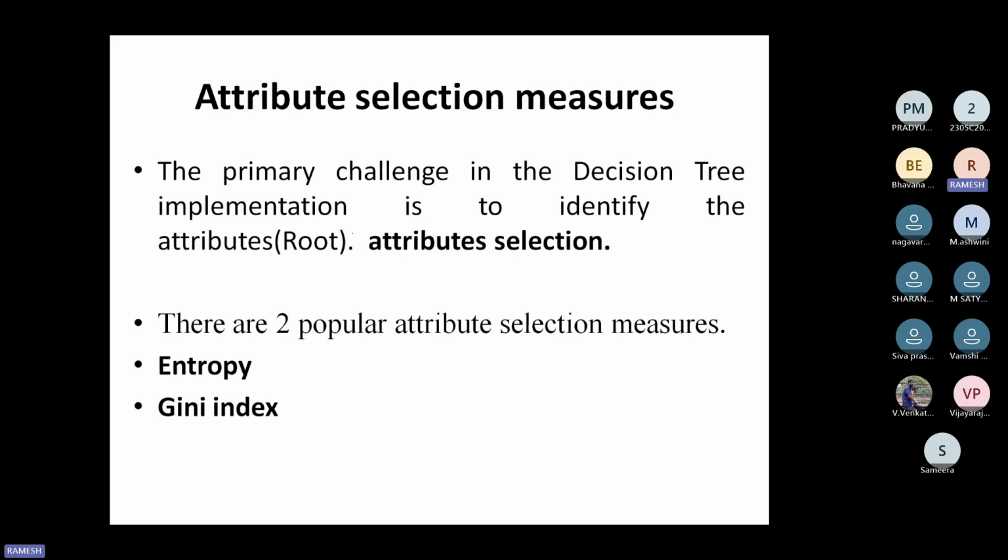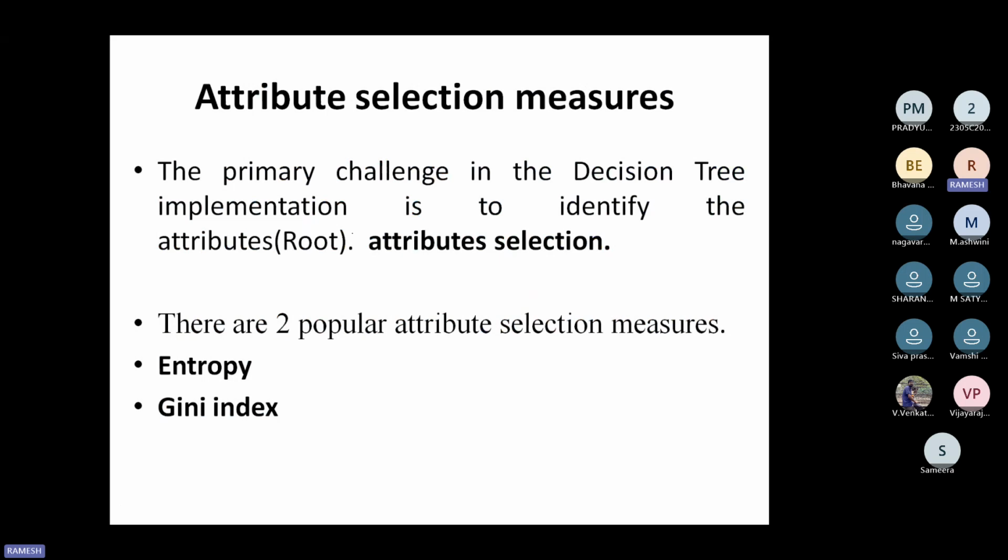So here, as I said, the main intention in a decision tree is to select the nodes. What will be the root node, what will be the right node of the root node, what will be the left node, what will be the next intermediate nodes. Not only the root node, but what is the structure, the hierarchical representation.